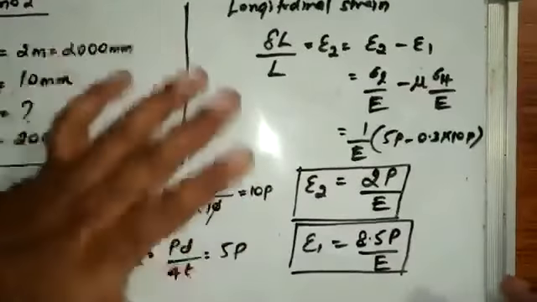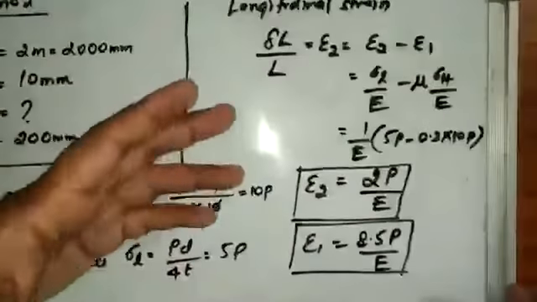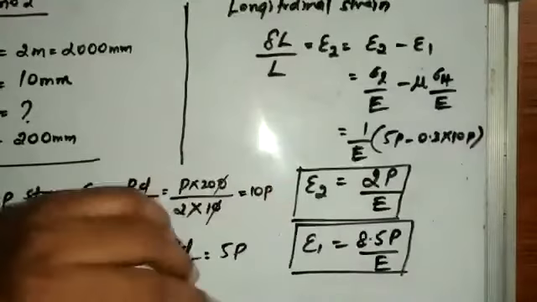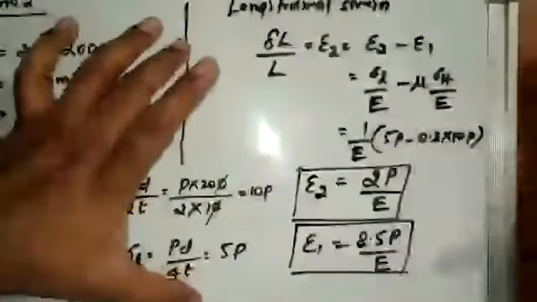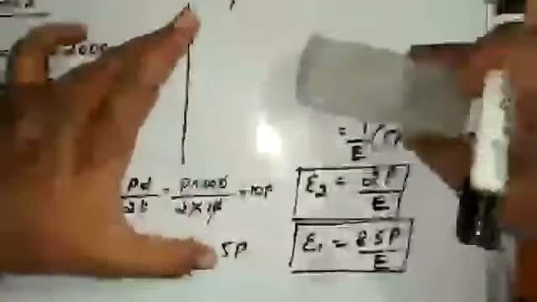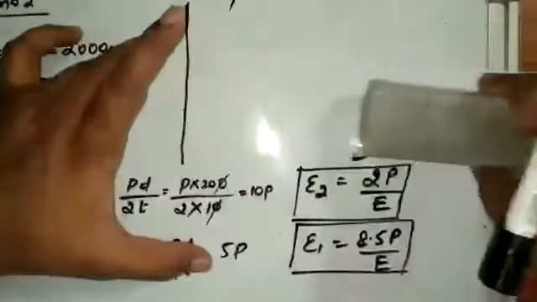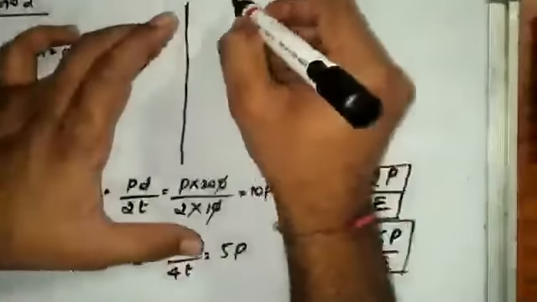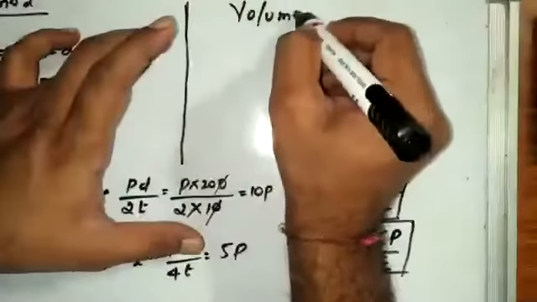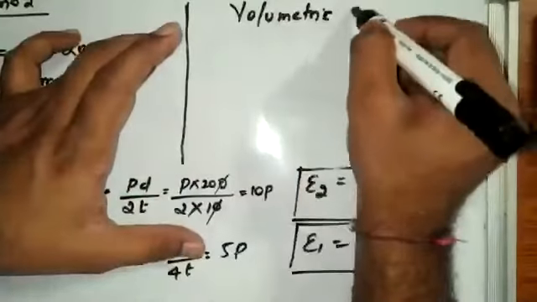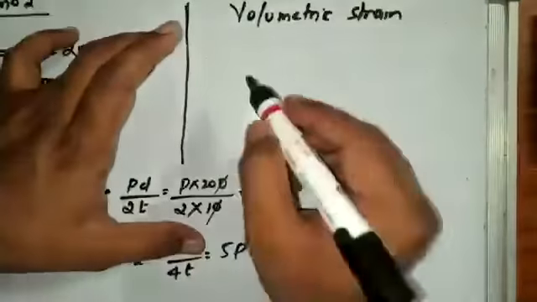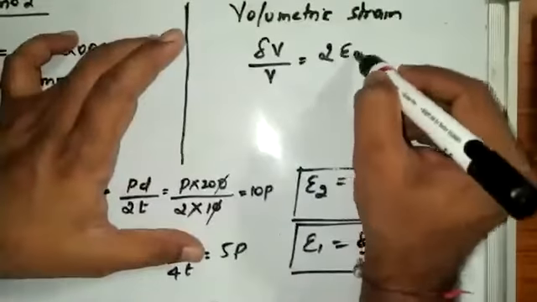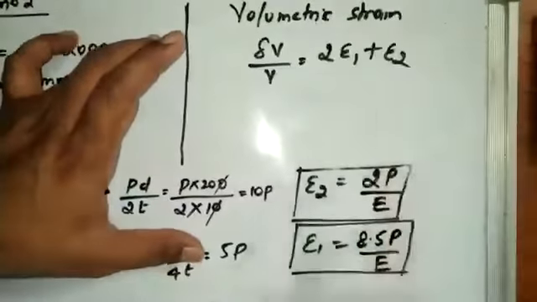So next you know that volumetric strain. So previous problem we have seen. What is volumetric strain? That one formula you have written, right? In the last previous class. Volumetric strain is 2 times epsilon 1 plus epsilon 2. Correct?